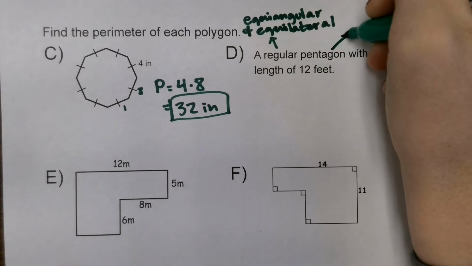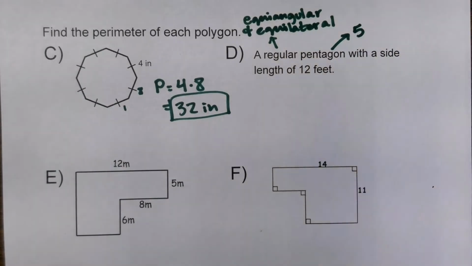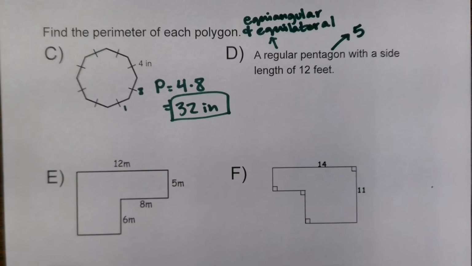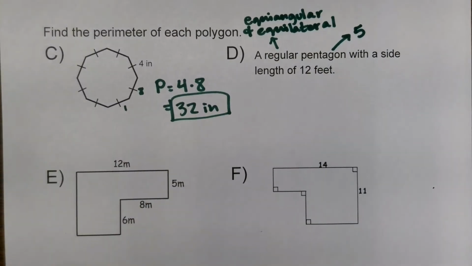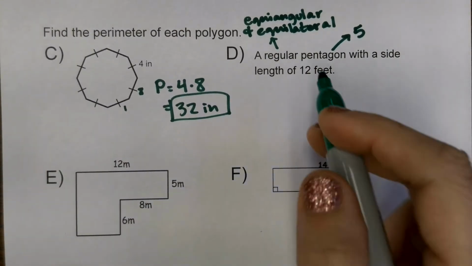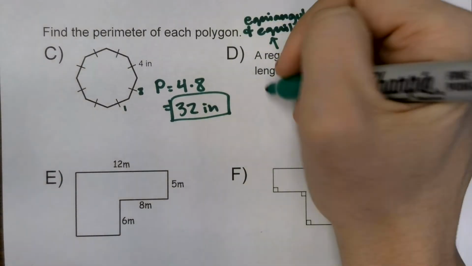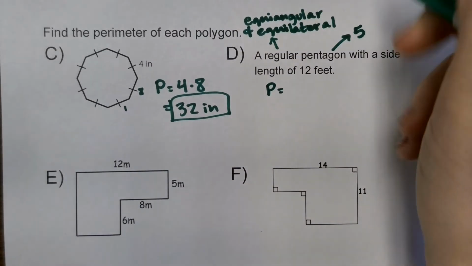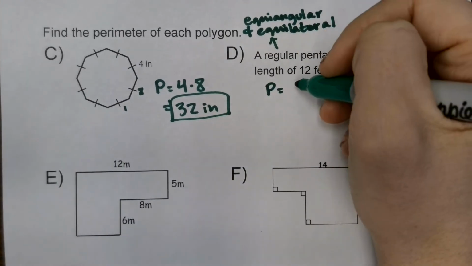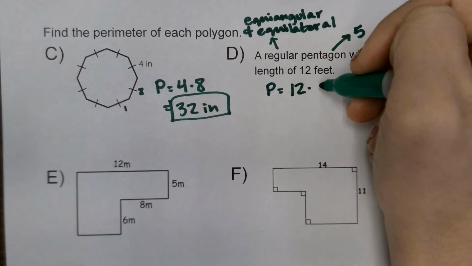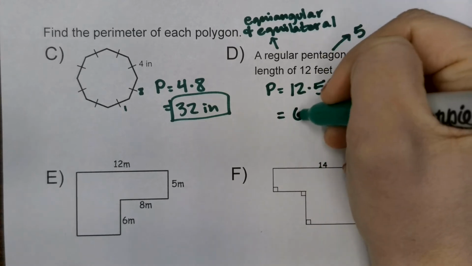And then the fact that it's a pentagon, we would have to know that a pentagon has 5 sides. But then we are answering it the same way that we did C, that each of those sides is going to have the same length if it's regular, because it was equilateral. So we've got our length, 12, times the number of sides would give us 60 feet.